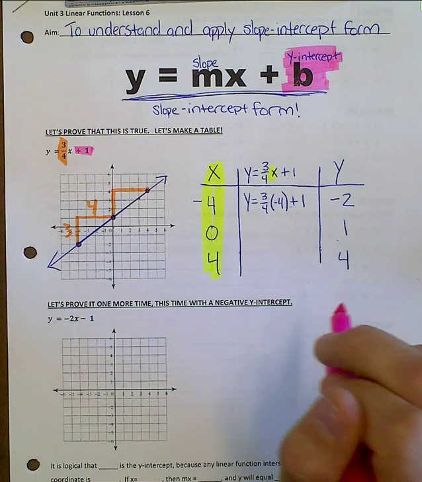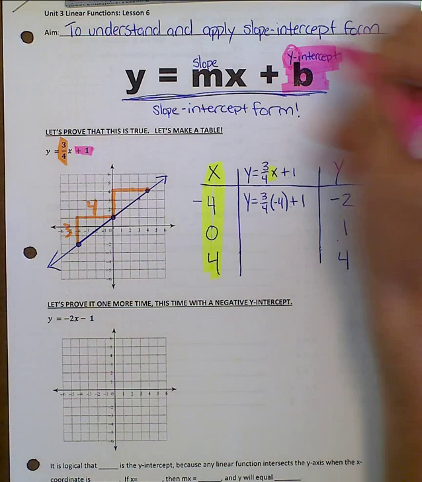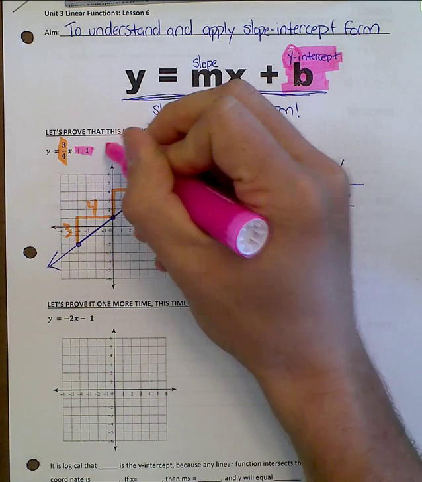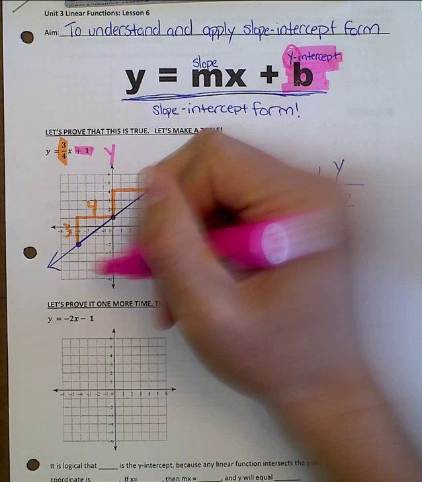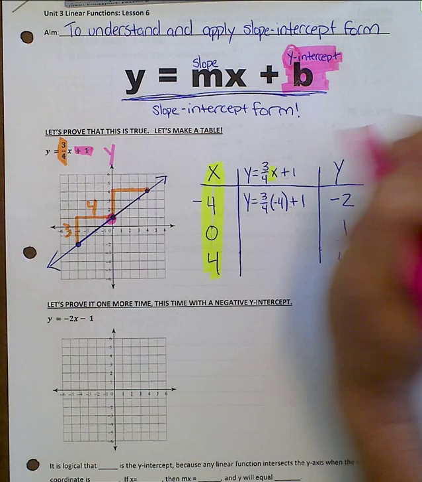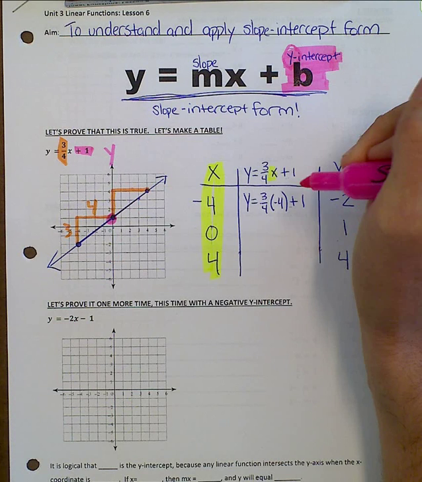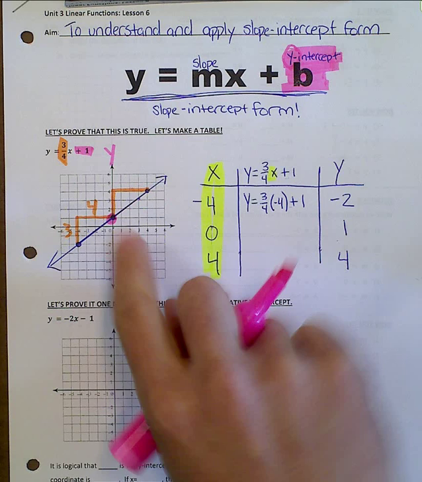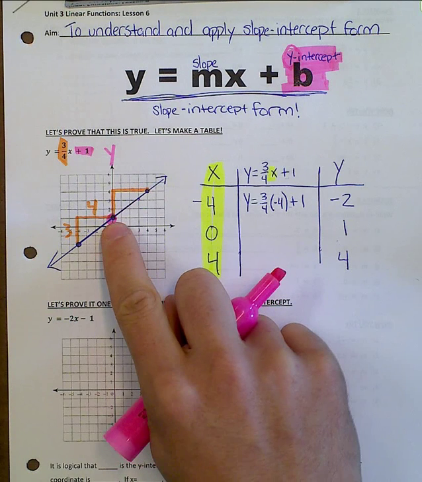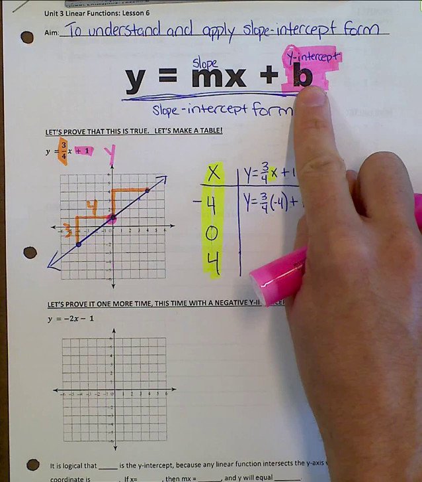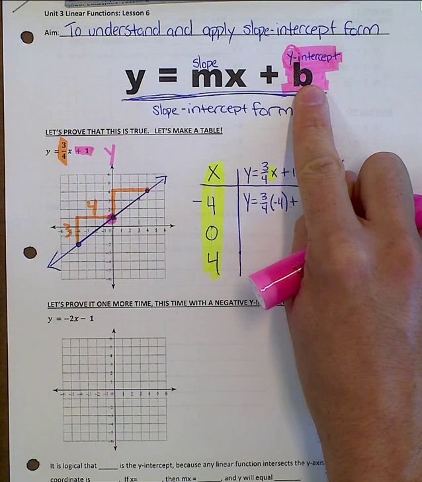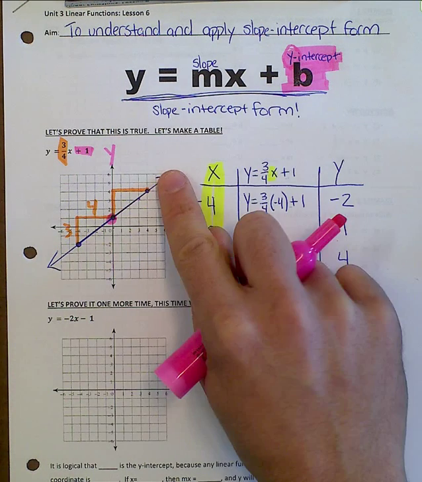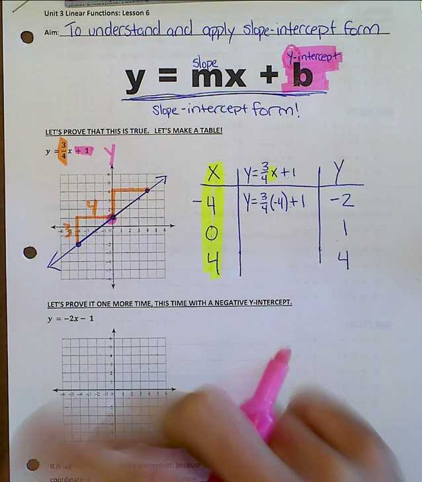We call it the y-intercept because this value, 1, is where our line hits the y-axis. So this number, plus 1, is where the line hits the y-axis. Which is pretty cool, because we can actually just graph this line if we know both parts of the equation.